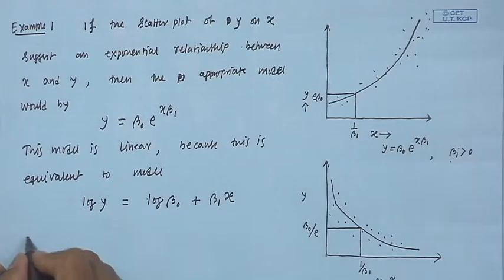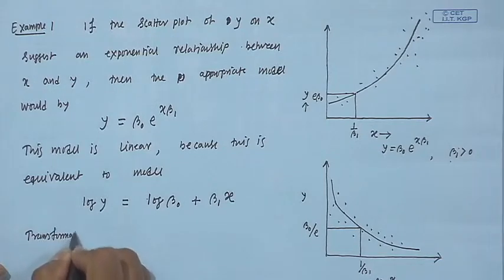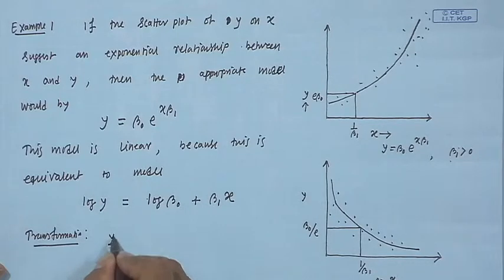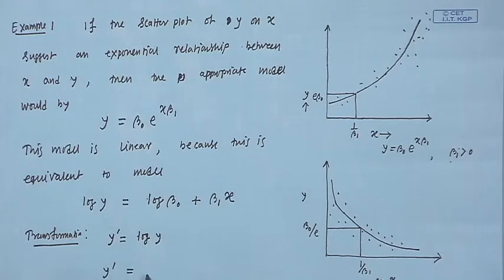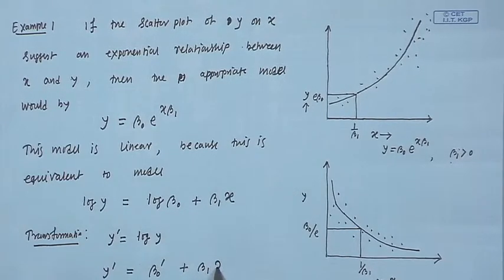So, the transformation you are taking is y prime equal to log y, that is all. The final model is y prime equal to beta naught prime plus beta 1 x. Okay.